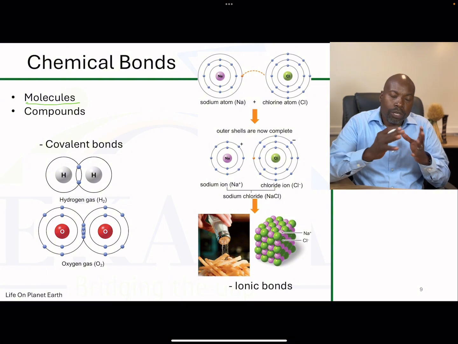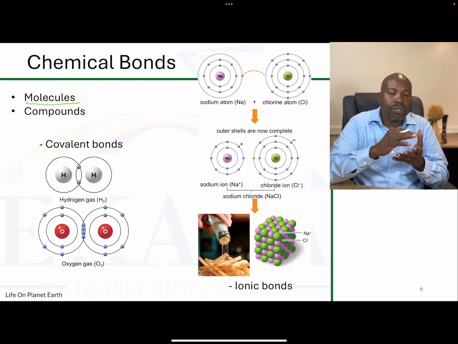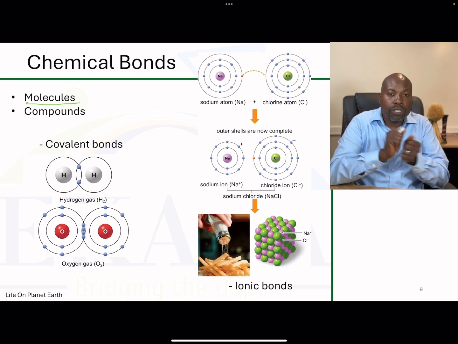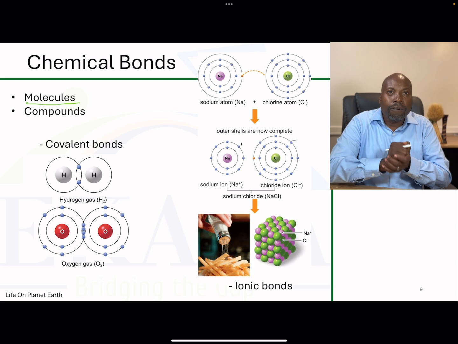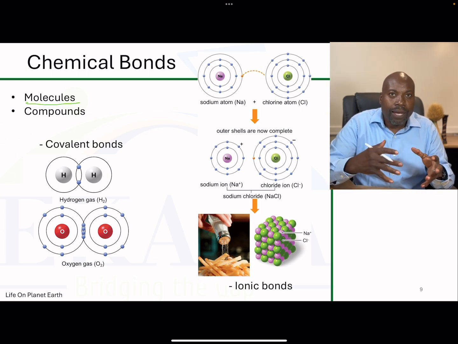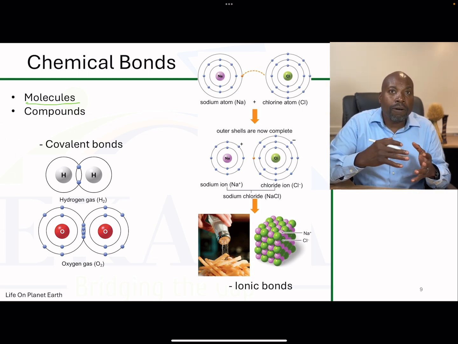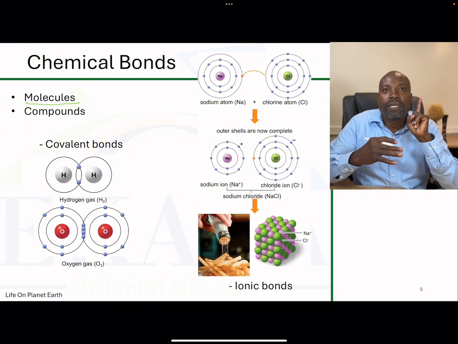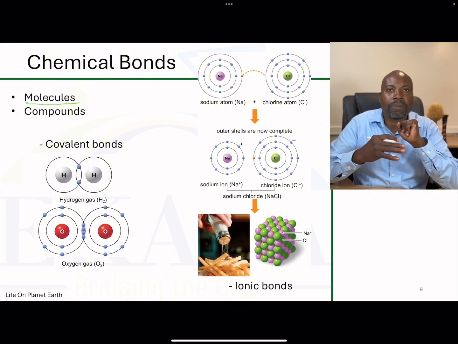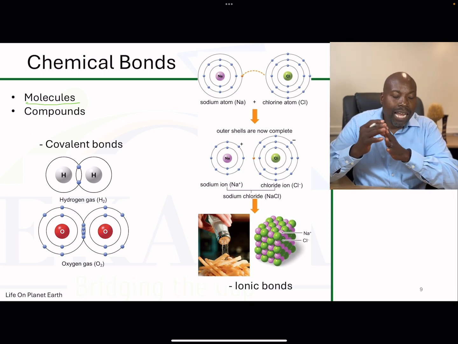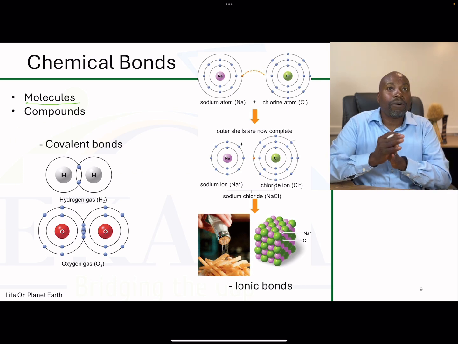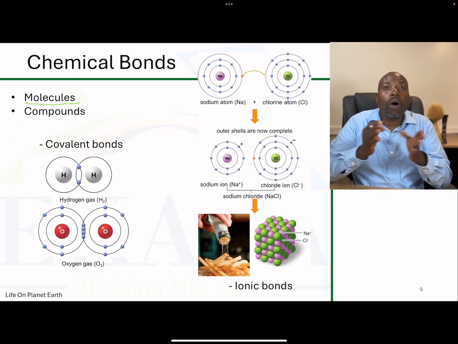Now, these molecules that are made up of different atoms or similar atoms coming together through chemical bonds form that stable structure. That stable structure can be made up of one single type of element, right? Or that structure can be made up of different types of elements, such as, for instance, water.